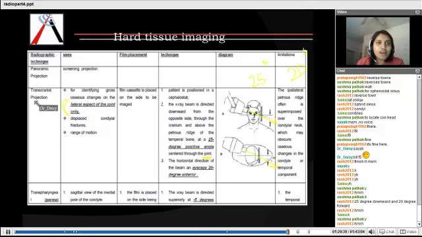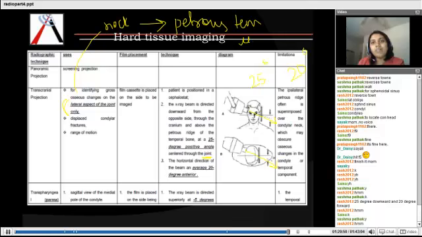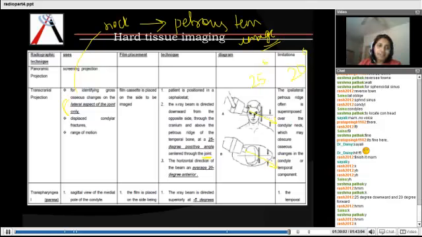So our transcranial projection has the image of the petrous temporal ridge. And which side petrous temporal ridge is this? The ipsilateral, the same side. Okay? So that is why we are not able to see the neck.